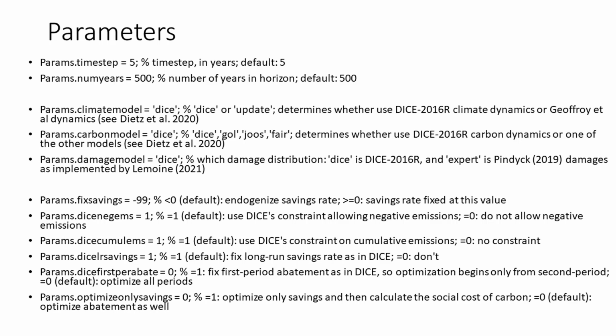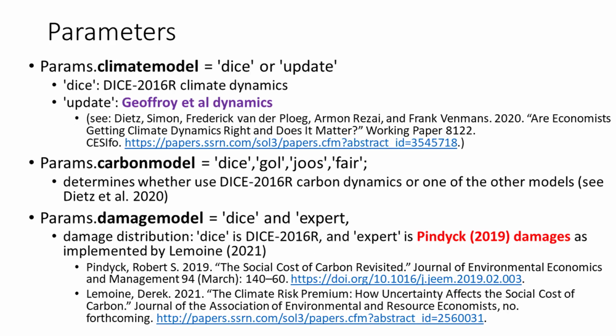So what I focus on today is only the first 3 parameters because it was completely enough to dig into it. First, in the climate model, we can use the DICE, or we can use this Geoffroy dynamics. As you can remember, that was the electric circuit thingy with the different feedback structures.